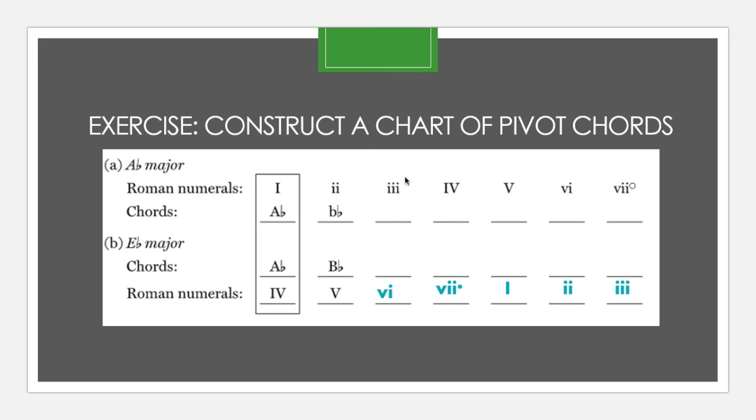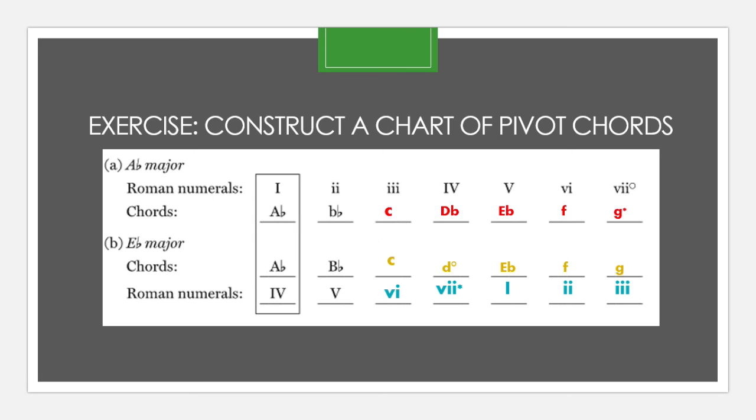Next, let's put the rest of the chords in A flat major. So the 3 chord would be C minor, and then D flat, E flat, F minor, then G diminished. While in E flat major, the 3 chord would also be C minor, then D diminished, E flat major, F minor, and G minor.